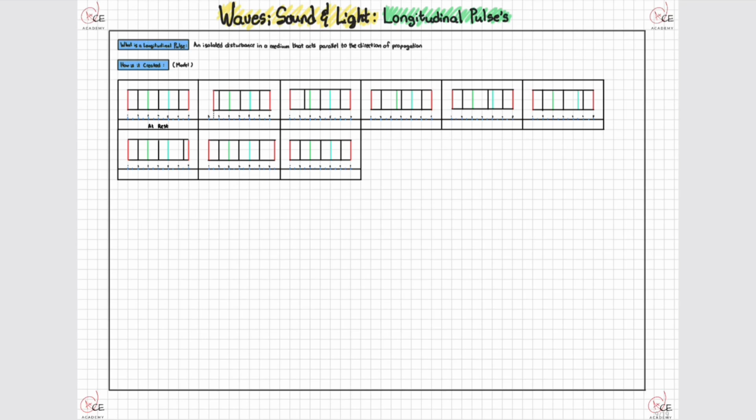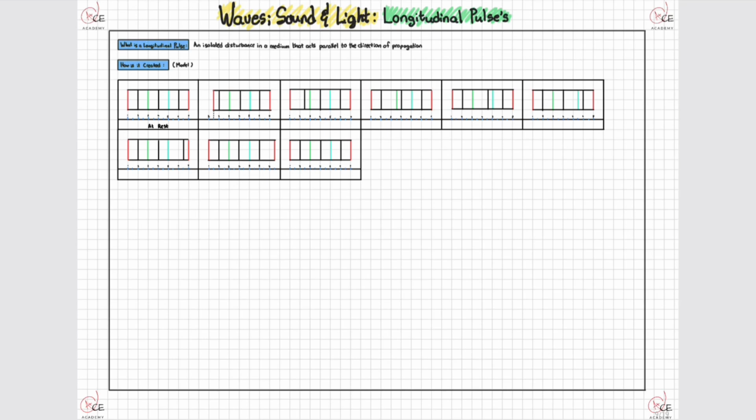In order for us to understand this concept fundamentally, we are going to have to ask ourselves a few questions. Firstly, how would we define this type of pulse? That is simply put as an isolated disturbance in a medium that acts parallel to the direction of propagation. I've just stated that for you guys.